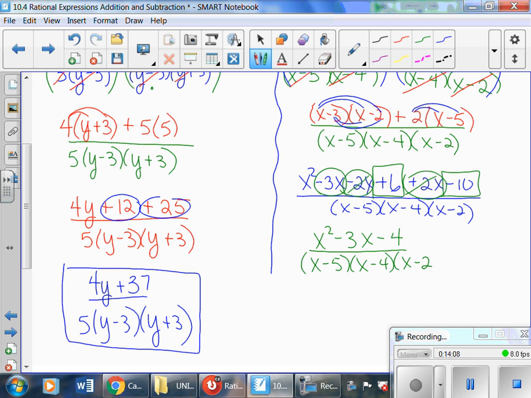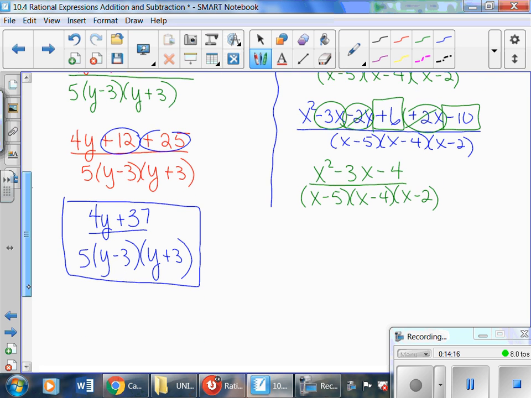And I always ask myself, I have a quadratic left in my numerator now, is that factorable? And if it is, and I can cancel out one of these, that's kind of a little bit of a bonus. So we can factor the numerator because we have x and x, and we're looking for two numbers that multiply to 4 but subtract to give me 3. So this works, it's 4 and 1.